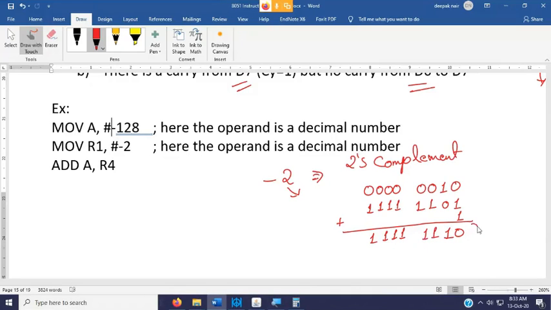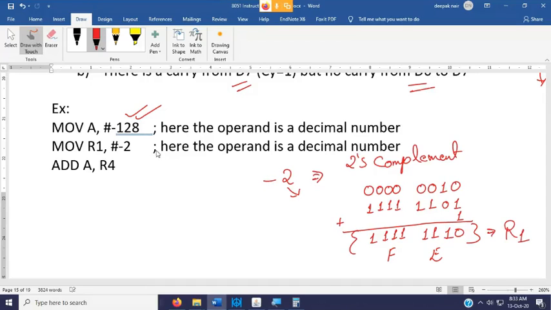So this is the number which is going to be stored. I think this is FE. So minus 2 will be stored as FE, not in the accumulator but, here in the program, in R1.